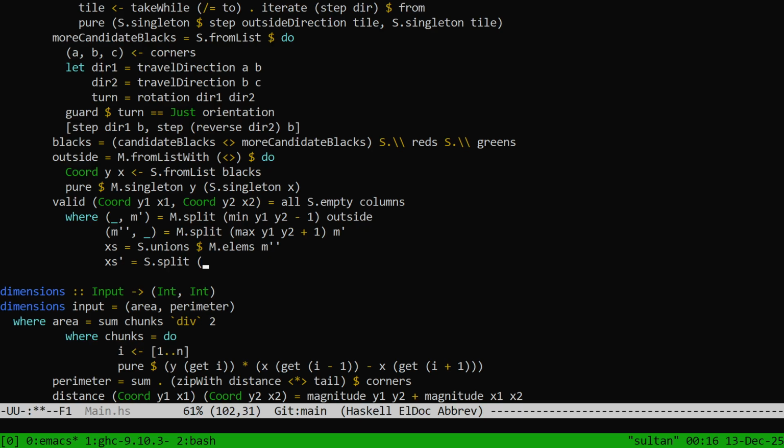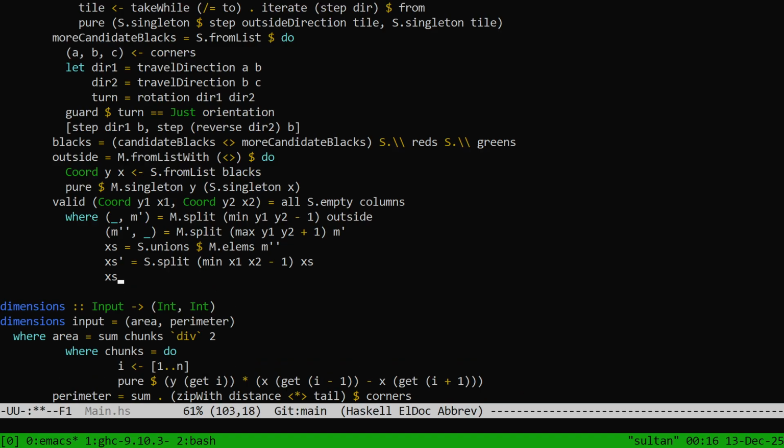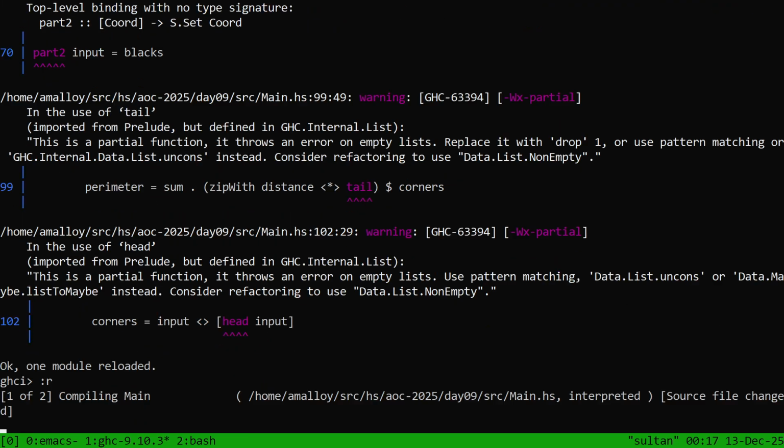Split at the min of x1, x2 minus 1 x's. Split at the max of x1 and x2 plus 1. It isn't pretty. Does it compile?